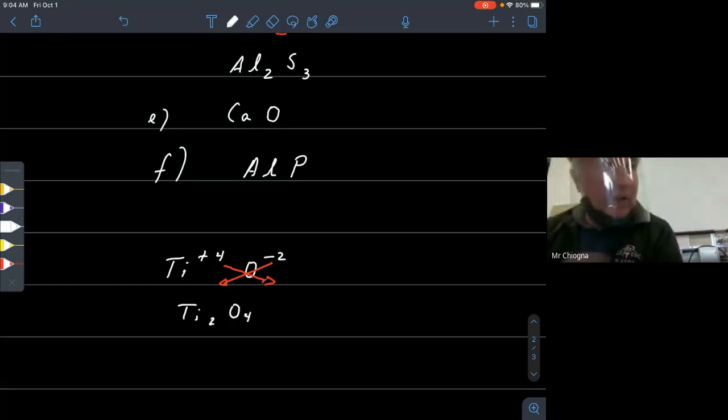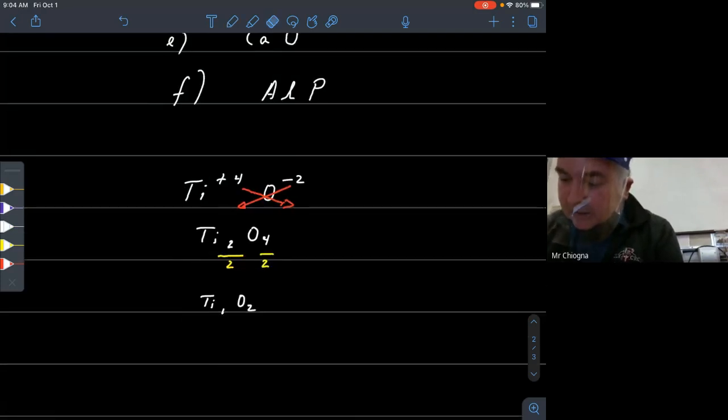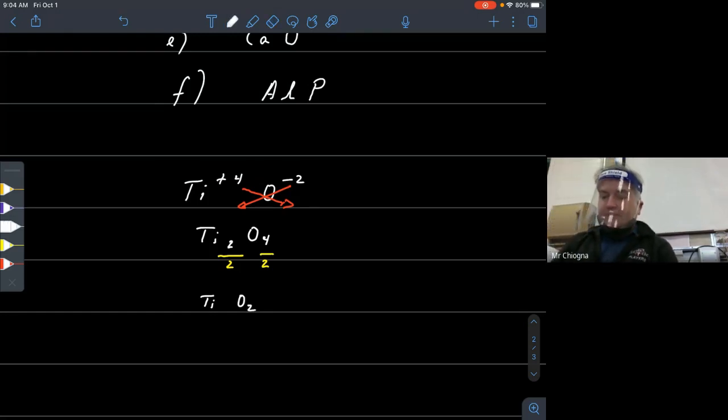The rule is if you've got a 4-2 or 2-4 combination, reduce it. Divide by the common factor in each. Reduce it to just, and again, you don't have to show the 1. 3, 6, same thing. Divide by 3. 2, 4, 3, 6.